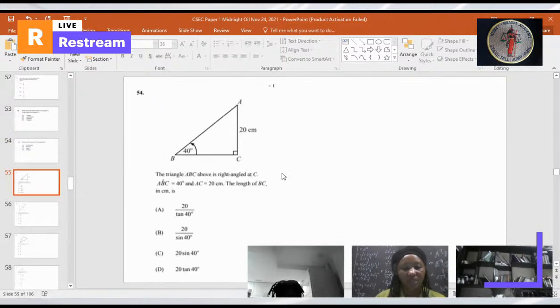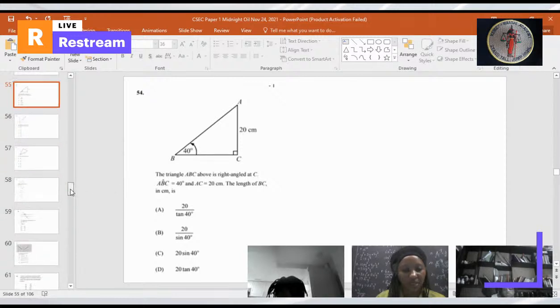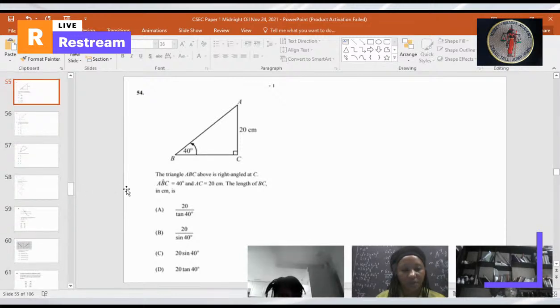Question 54. I'm not sure if you can see this properly, so I'll read it. The triangle ABC above is right angled at C. Angle ABC is 40 degrees and AC is 20 centimeters.